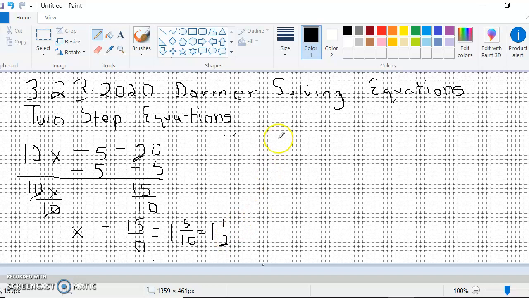Okay, so let's look at another problem which has given some people some difficulties. Let's say I had this, 10 over x minus 5 is equal to 20. Like, oh my goodness, how am I going to do this problem?